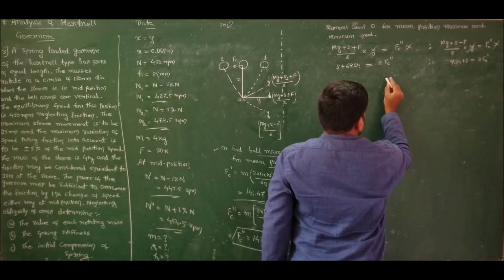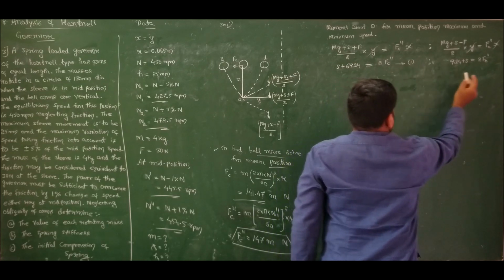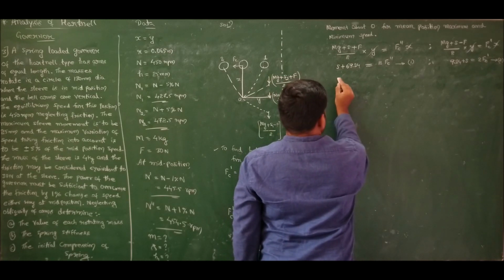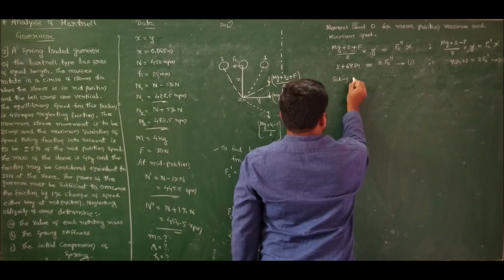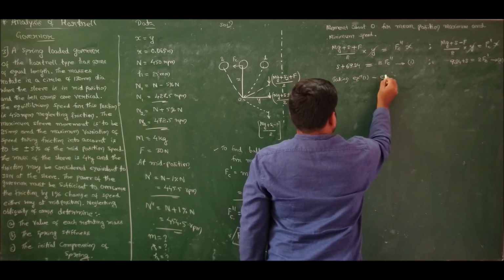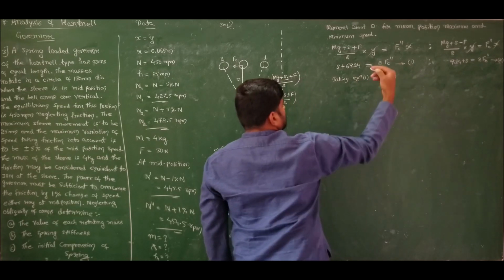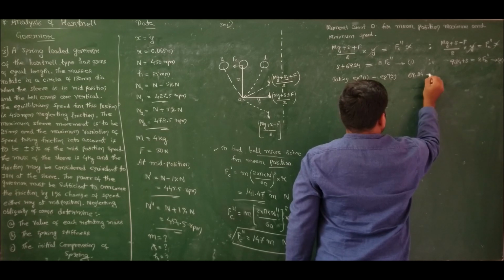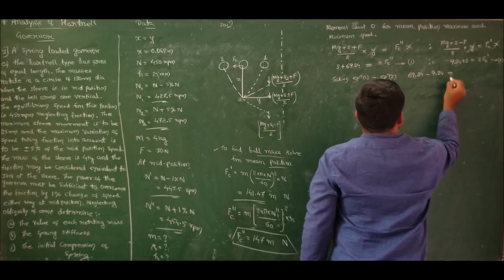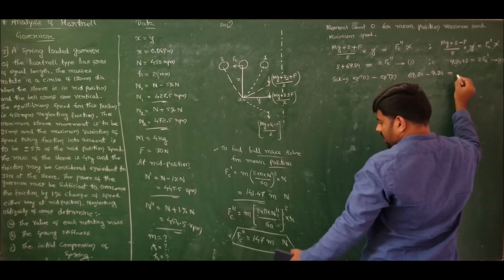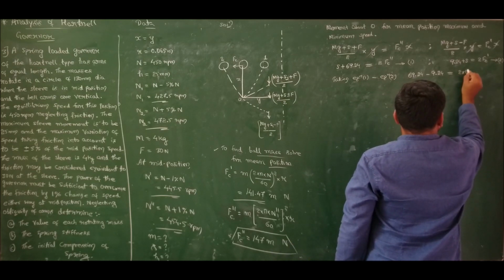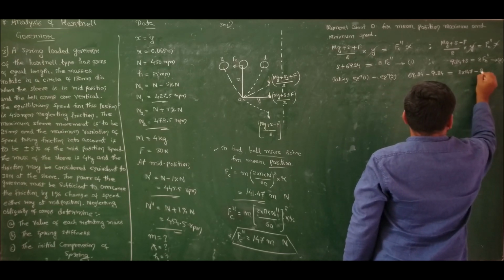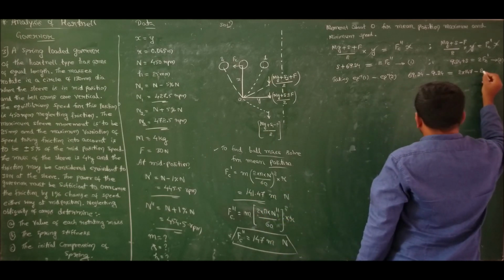Now I will take this as equation 1 and this as equation 2. Now I will subtract equation 1 minus 2. S and S will get cancelled. I will put 69.24 minus 9.24 equal to 2 times Fc dash, that is 2 times 147 minus 2 times 141.